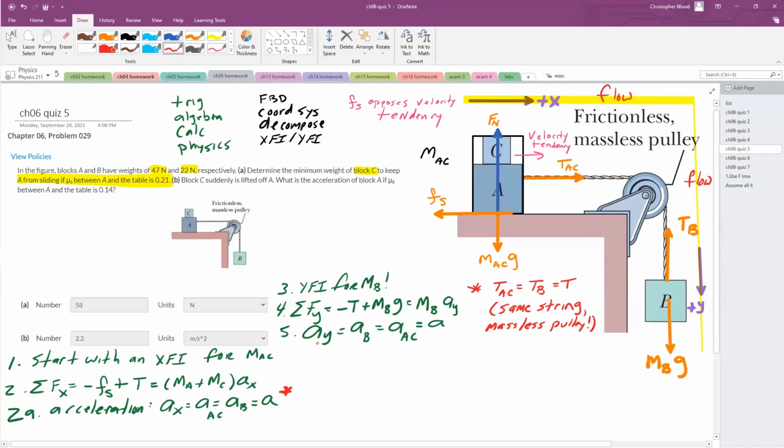It's brought to you by aligned coordinate systems, meaning flowing together, and same string. There's a string attaching those. Okay. So let's finish this.